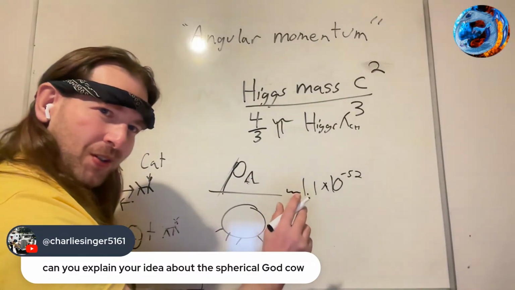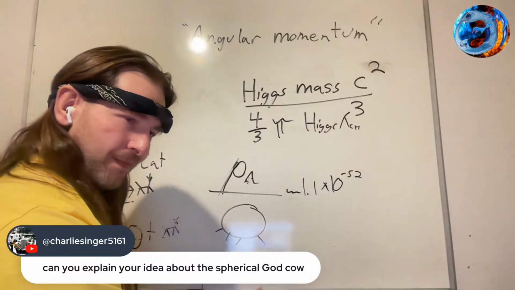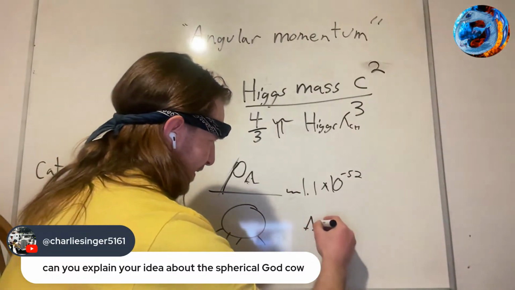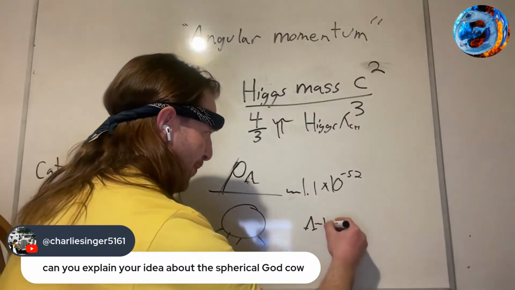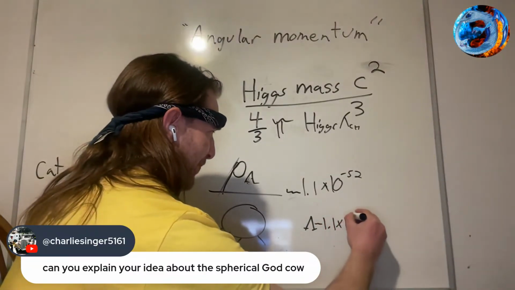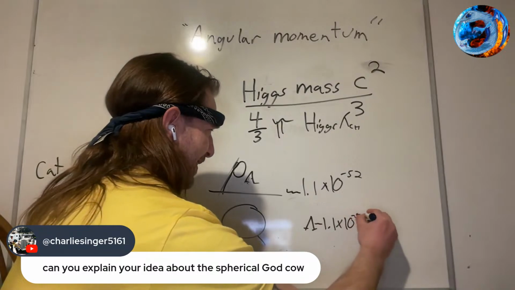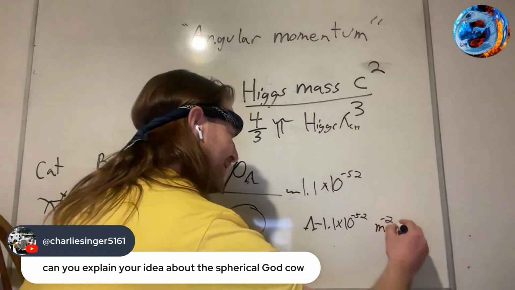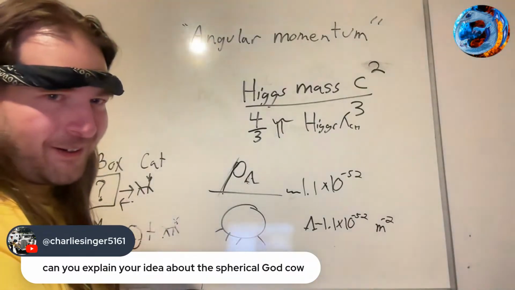Now the cosmological constant has dimensions, but the cosmological constant is basically 1.1 times 10 to the minus 52 reciprocal meters. So basically that's 1 over meter squared. Okay.